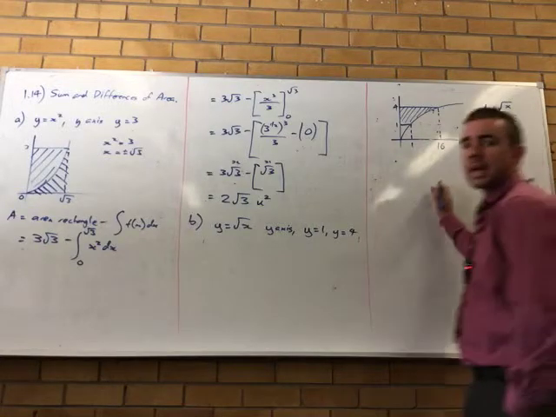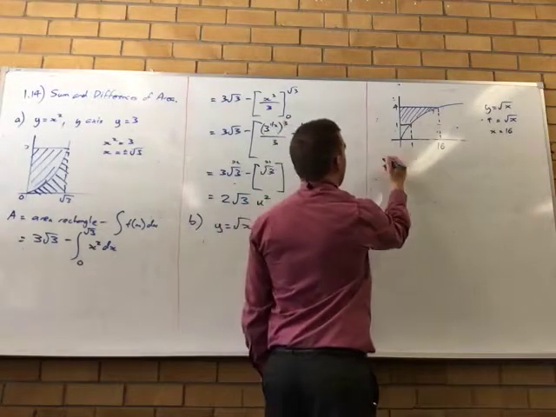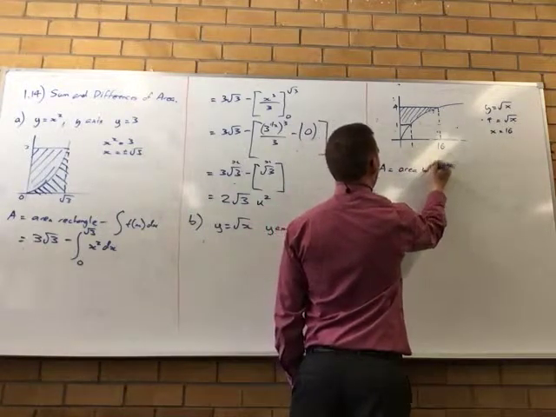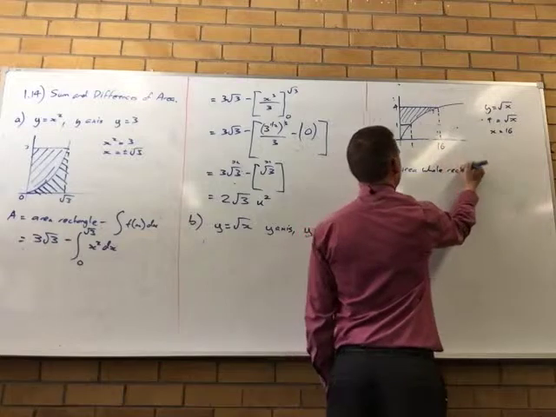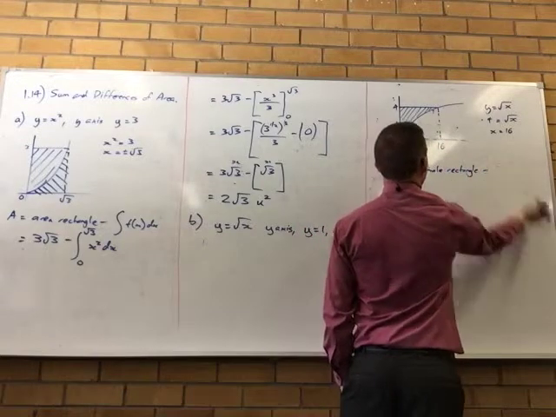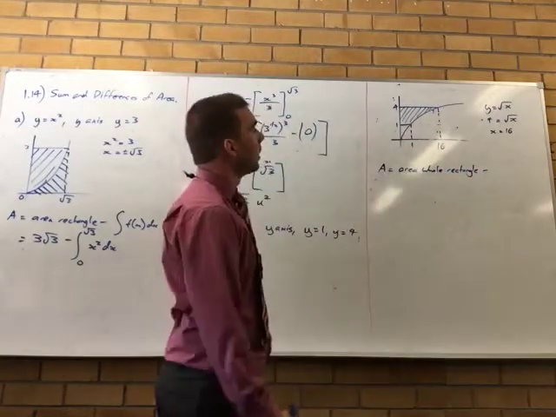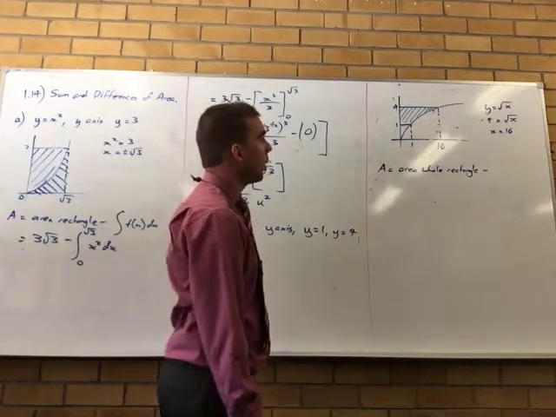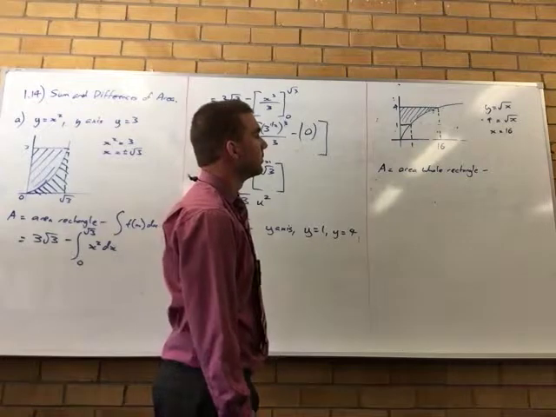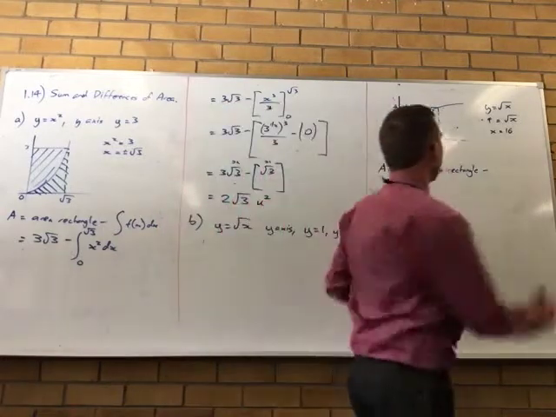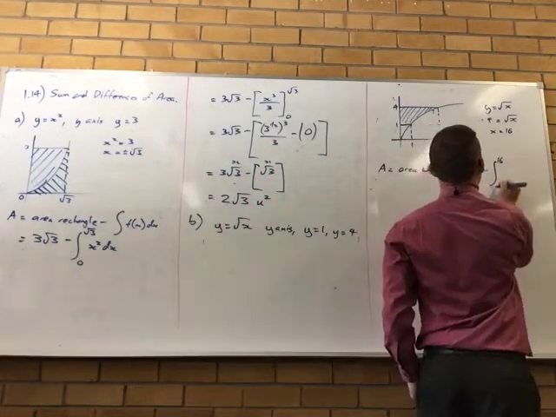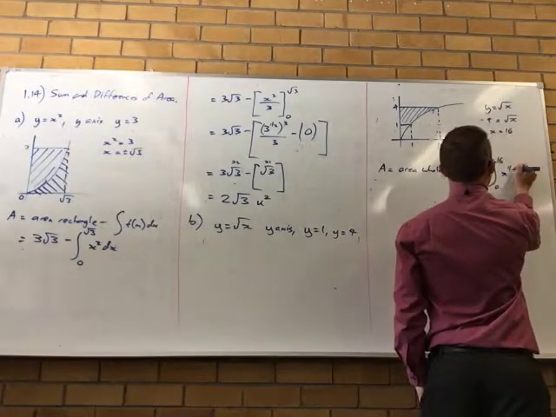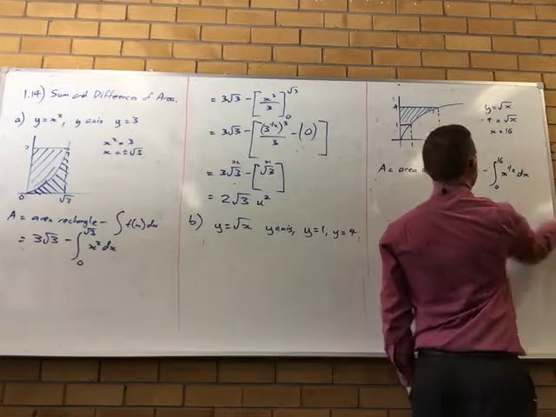Okay, so setting it up. The area is going to be the area of the whole rectangle, take away the integral from 0 to 16 of my y equals x to the half, dx.